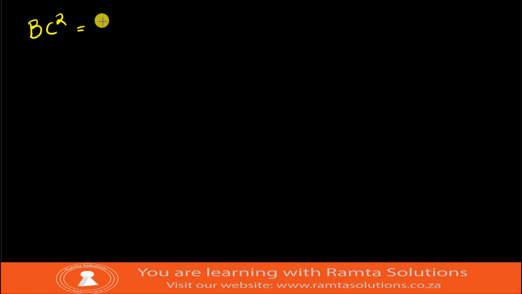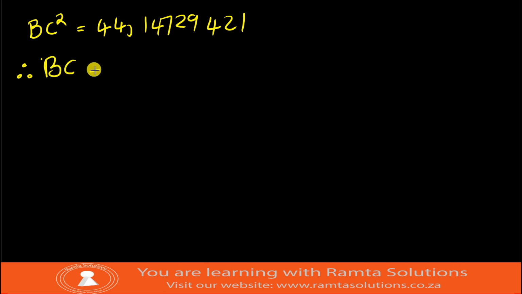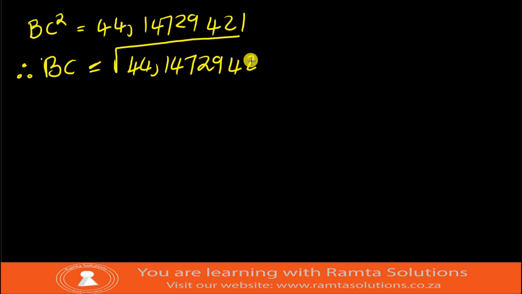BC squared equals 44.14729421. Therefore, BC equals the square root of 44.14729421. So BC is 6.64 units.